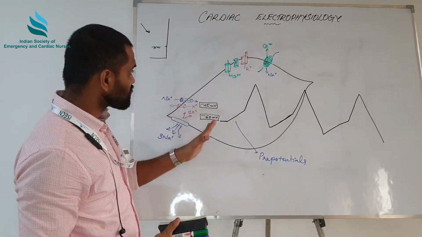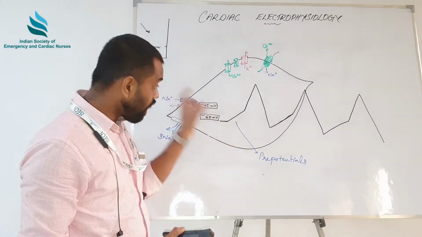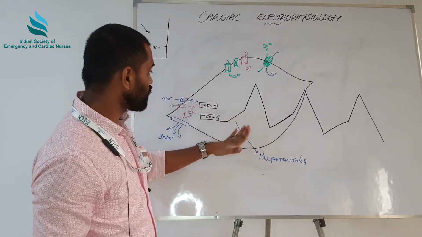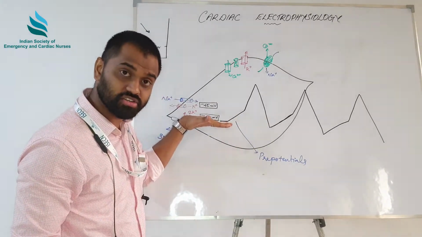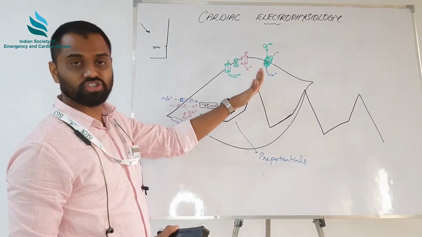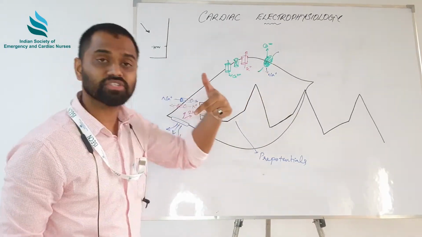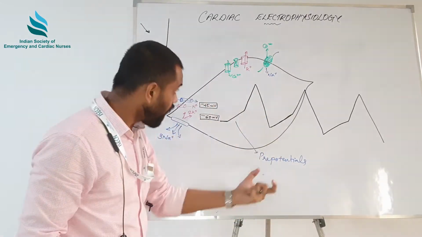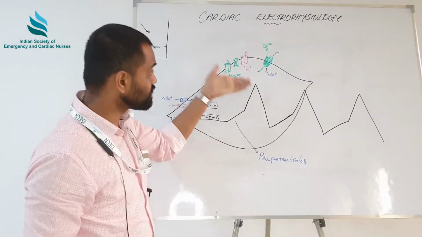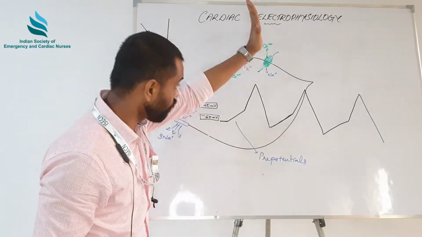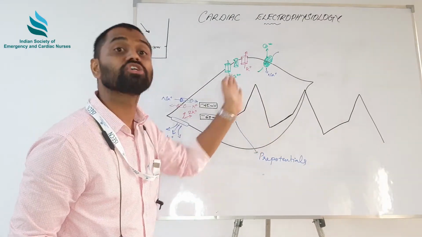Now we understand how the resting membrane potential is generated here, and how the action potential is generated here. Now what we must understand is how the action potential is transmitted from one segment of the saNodal cell to the other segment.